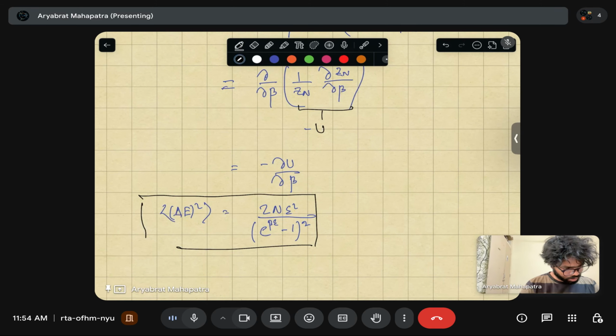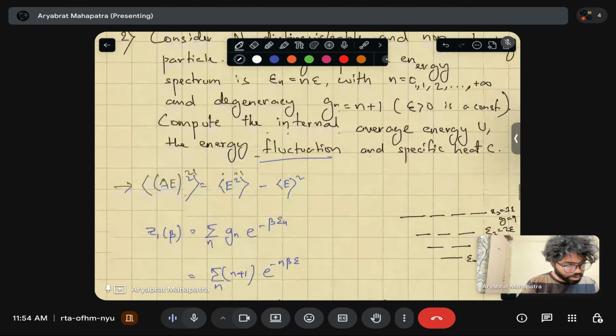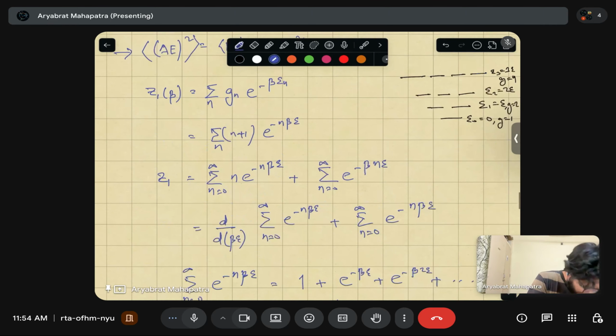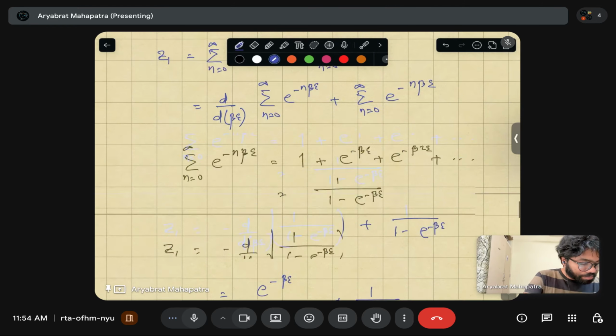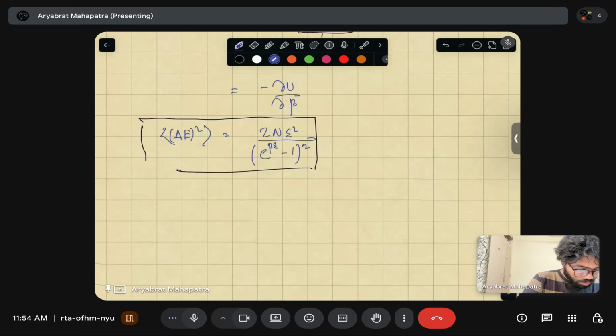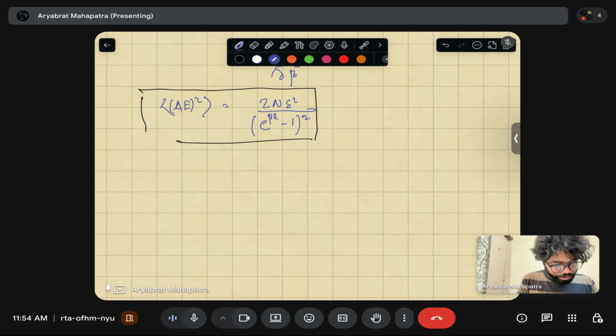And again, the same thing we have to carry out: what is the specific heat. So the specific heat, as we computed just before, in the same way you have to take the derivative with respect to temperature.